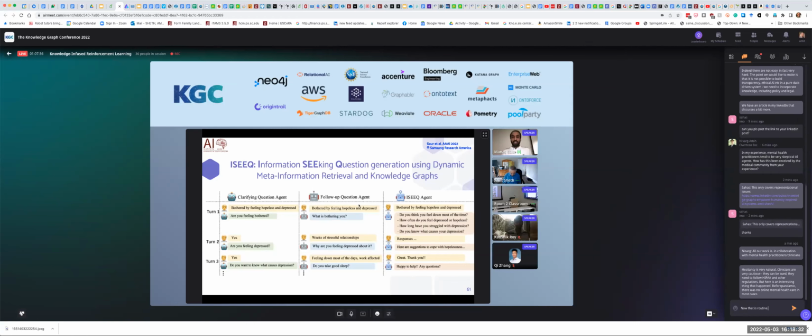Essentially, this forms a new paradigm within clarifying question agents and follow-up question agents, which try to ask you the same question, having the same entity as the user queries, which kind of misses out the engaging flavor that a conversation agent needs to have. What we are doing with ISEEK is, for every query that you provide, every piece of information you ask the agent, it asks you a series of questions.